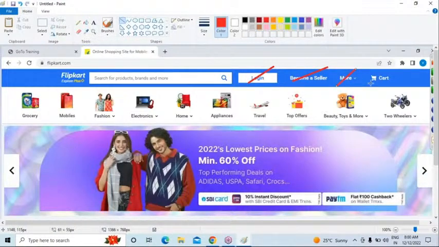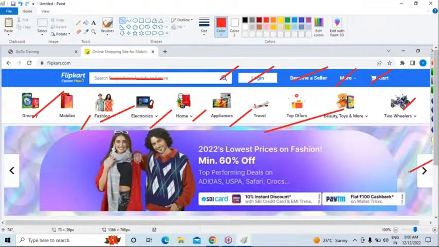We have to test whether it is working or not. Cart is one functionality. The search is one functionality. Search button, groceries, mobiles, all come under the functionalities. We give a name like this on the testing side: we call it a functionality. So we are going to test whether these functionalities are working properly or not.